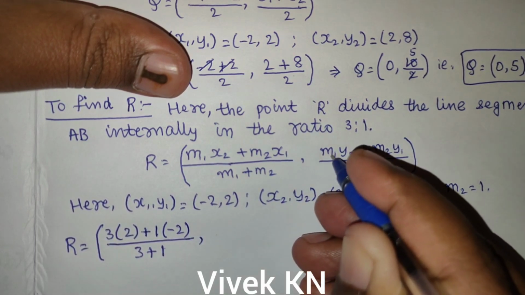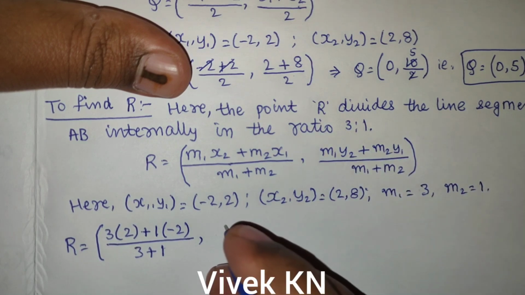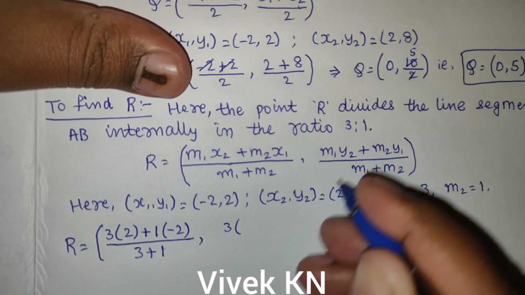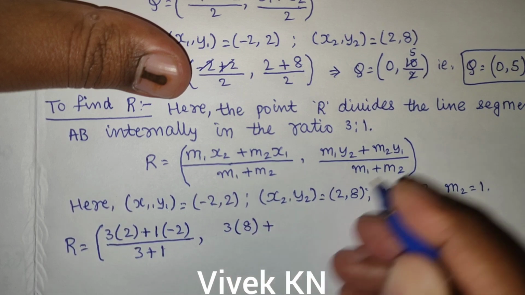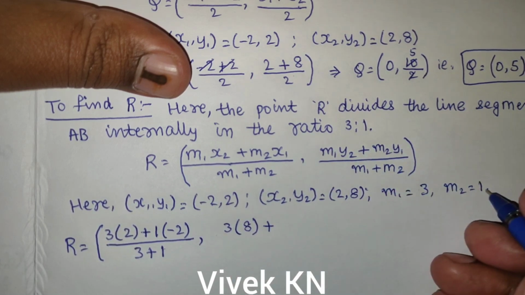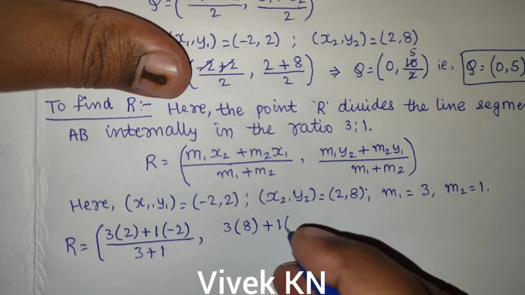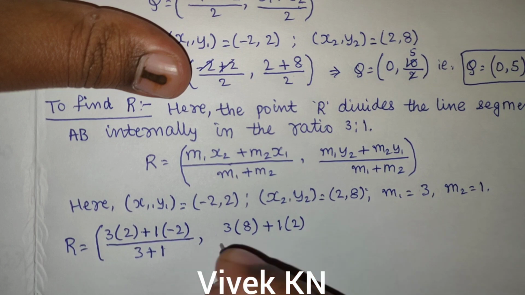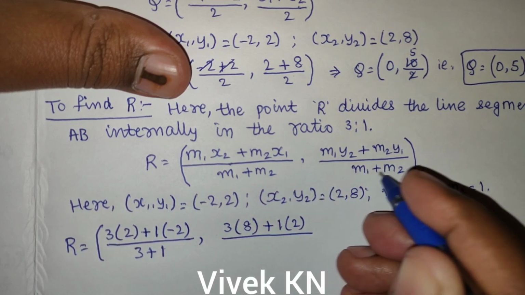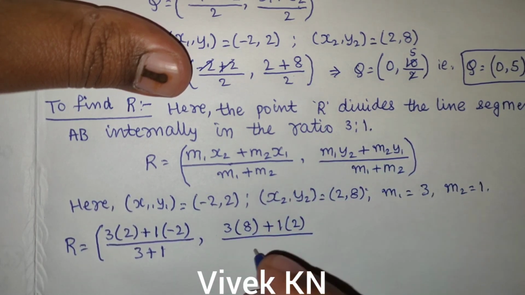Next, m1 y2, the value of m1 is 3 and the value of y2 is 8, plus m2 y1, the value of m2 is 1 and the value of y1 is 2, divided by m1 plus m2, that is 3 plus 1.